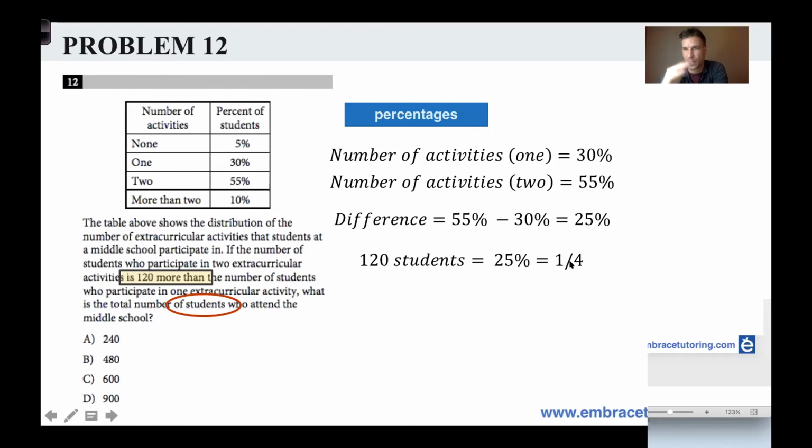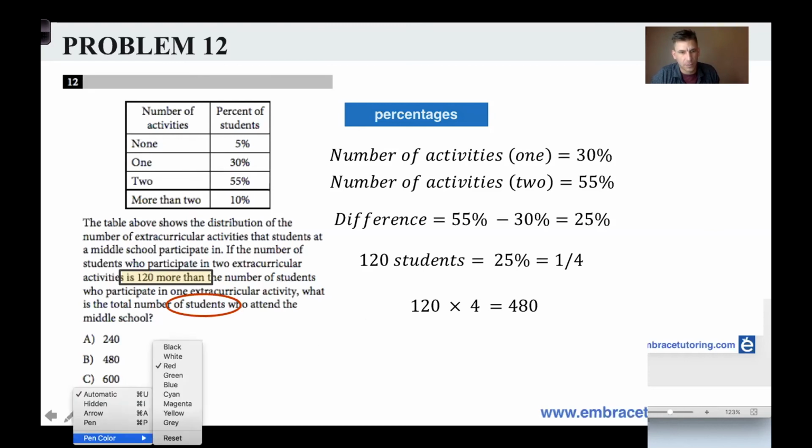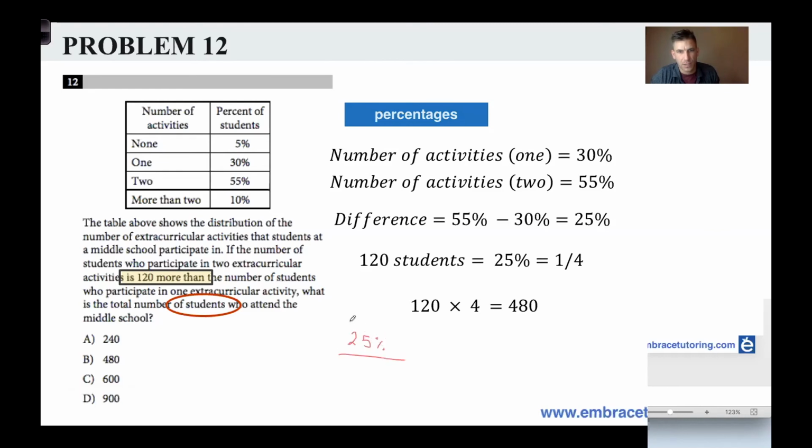Now, you could set up the full ratio if you want to. You could do your 25% is equal to 120 students, and then you want to figure out what is my x number of students for 100%?